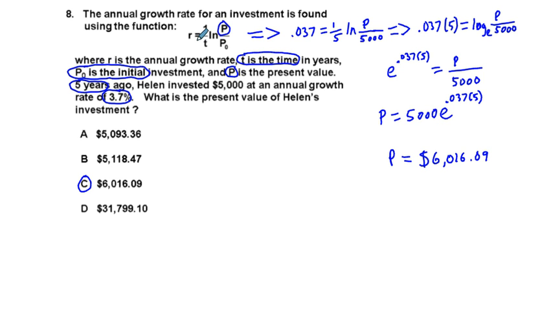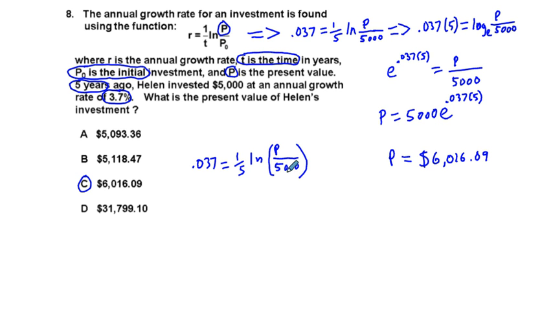I want to show you how to graph this in a calculator. If you take this R, I'm just going to write out that we have 0.037 equals 1/5 ln of P over 5,000.